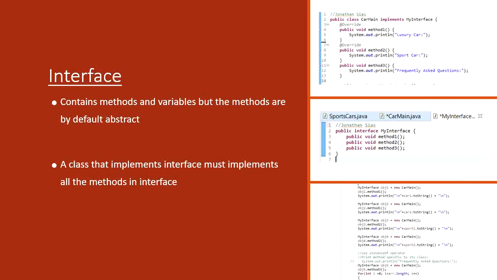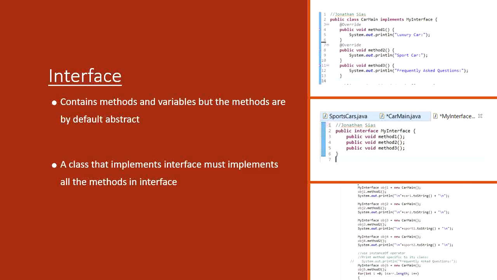Interface. Like a class, an interface can have methods and variables, but the methods declared in an interface are by default abstract. In order to declare an interface, we have to create an interface. On the left, we have 3 pictures.